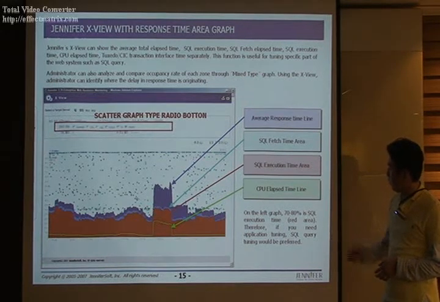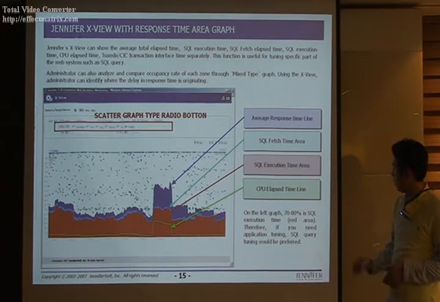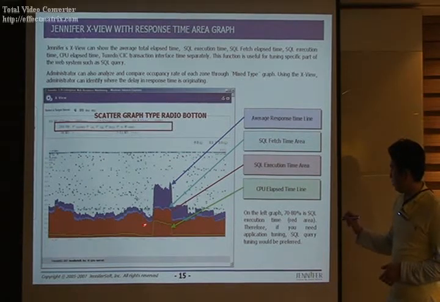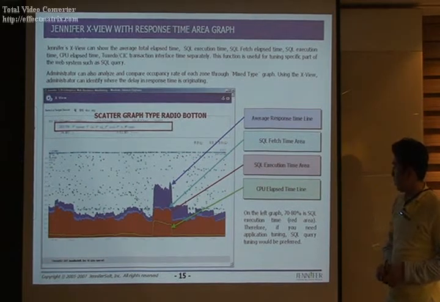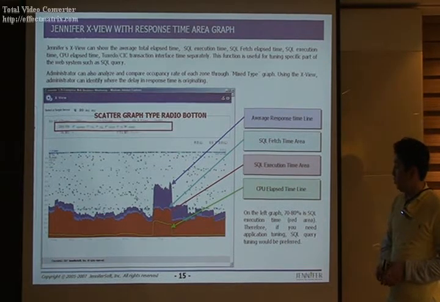The sliver of light blue over here indicates the SQL fetch time. The huge red portion over here indicates the SQL execution time. And the light green sliver that you see on here is the CPU elapsed time. In most cases, you'll find that the SQL is the one that takes the most time out of all these 4.